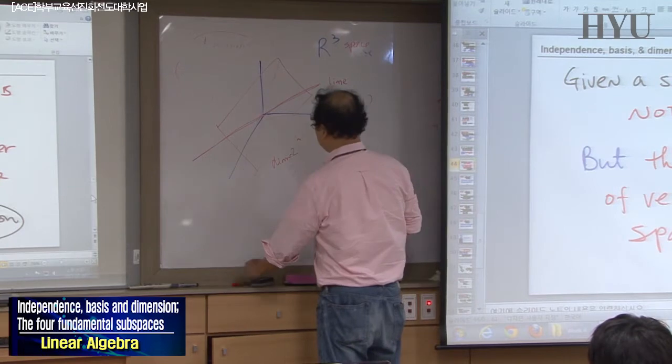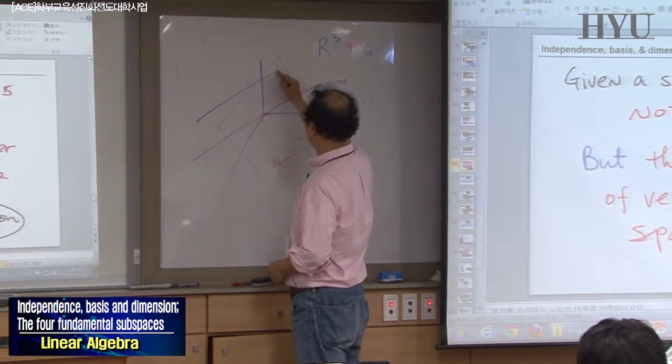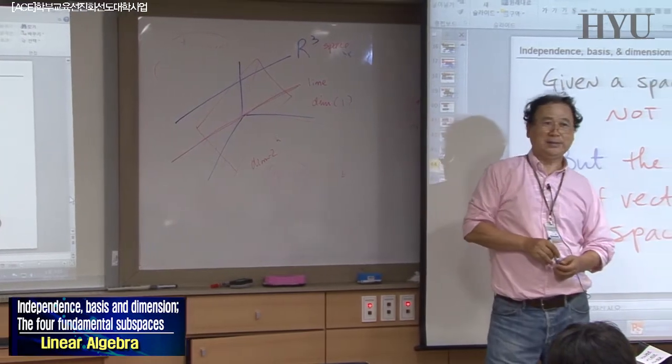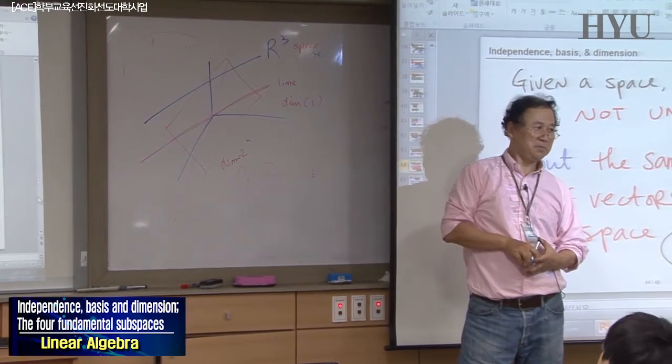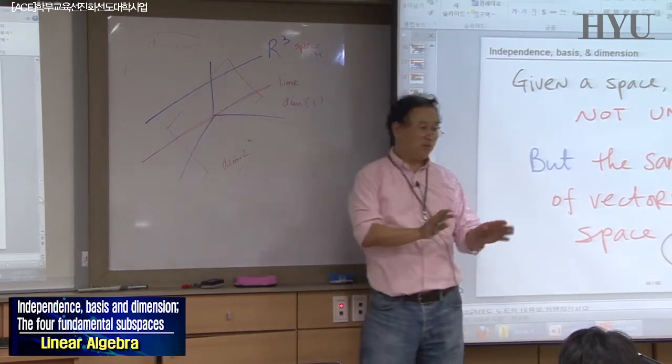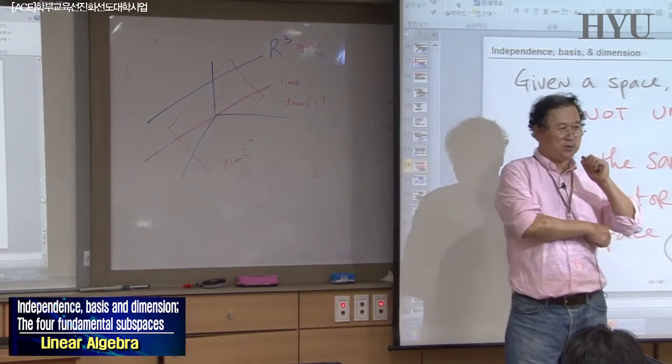Then let me ask another question, okay? My line actually passes this way. It doesn't pass the origin point. How about that? Hyungtak, this is just a line, but it does not pass the origin point.